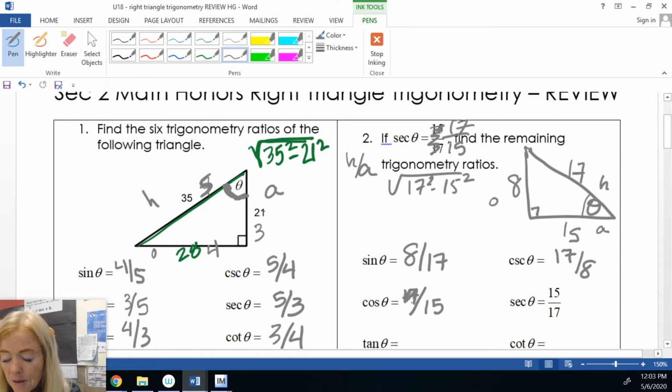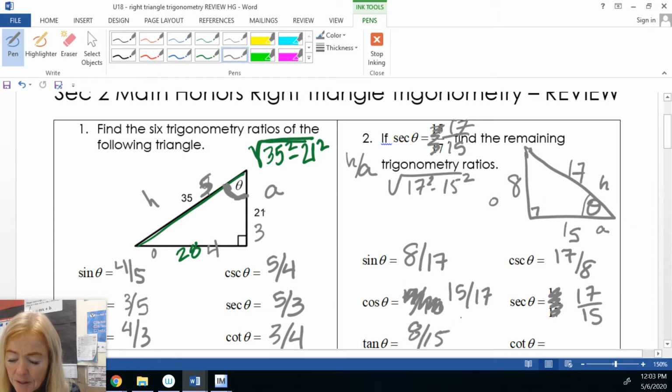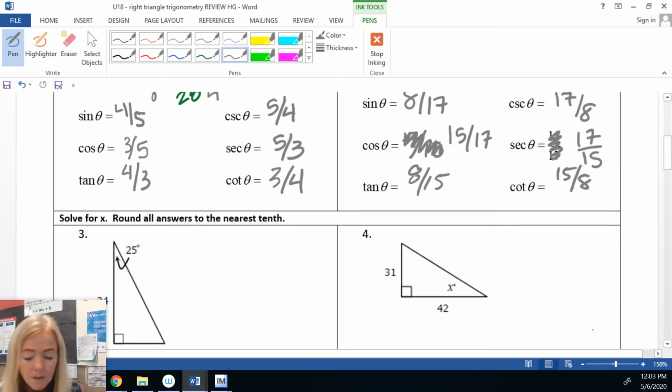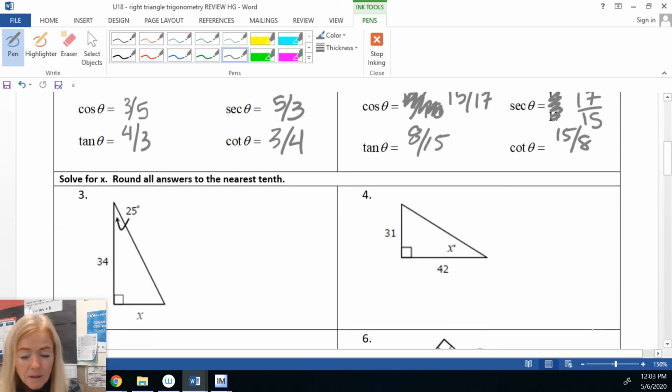I'm actually going to figure out what it is. 15 over 17 is cosine, and secant is 17 over 15. And then tangent is opposite over adjacent, 8 over 15, and then cotangent is its reciprocal, 15 over 8. All right. So yes, that one you're going to have to switch those numbers, but that's all right. We can do that.